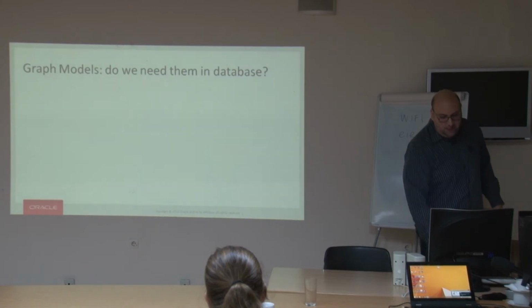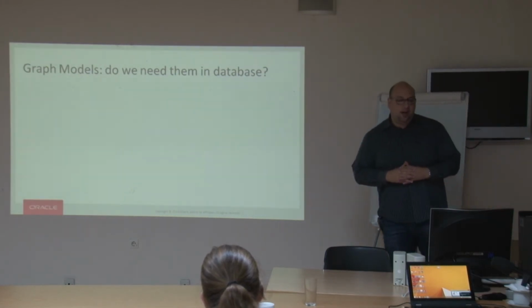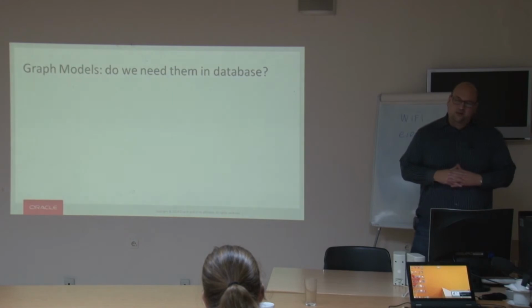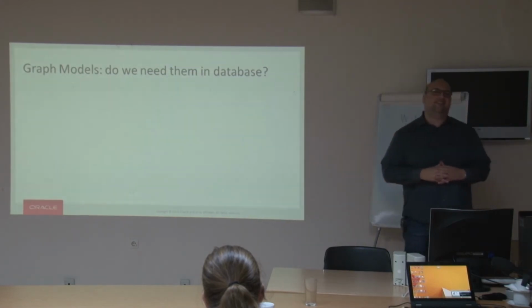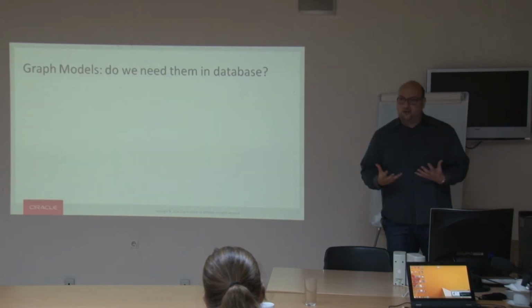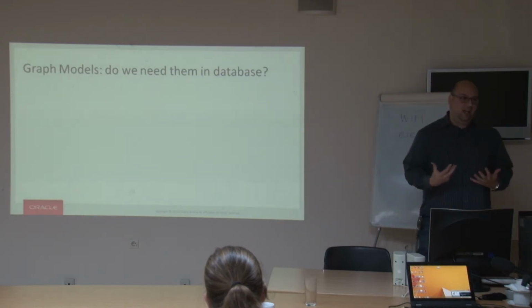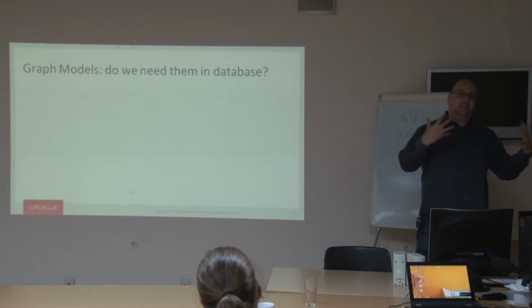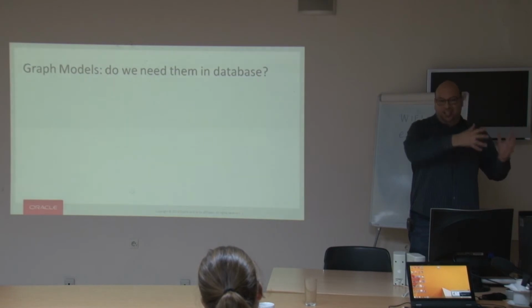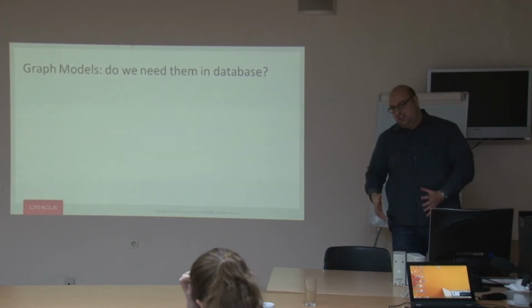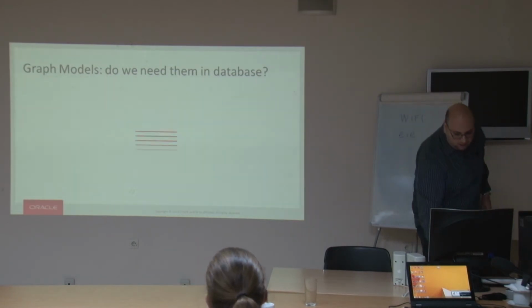And the other question is, do we even actually need these graph models, especially since what we're encountering is a lot of people that already have existing data in relational stores. They're trying to do some graph analysis with that. So do we need to actually get them to transform their data from relational to a graph database just to do the analytics?